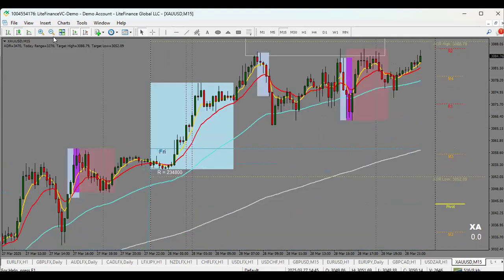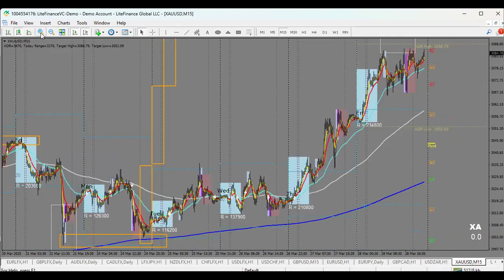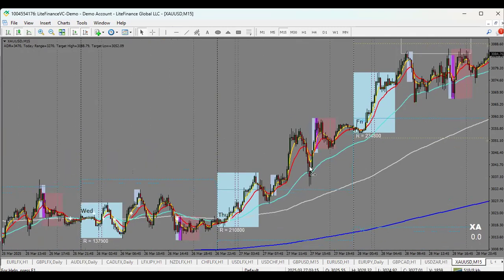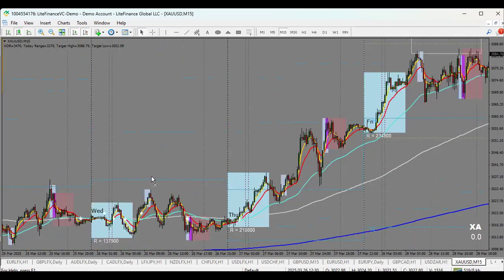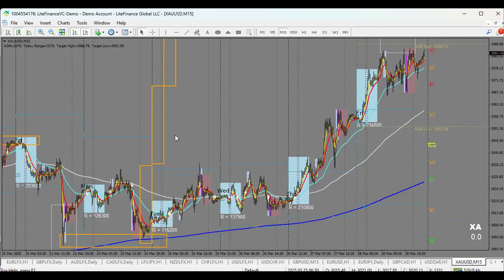So when you look at the 15 minutes time frame, this is where we take our entries. Looking at the 15 minutes time frame for the last week, Monday is here, and we had a false move week beginning.